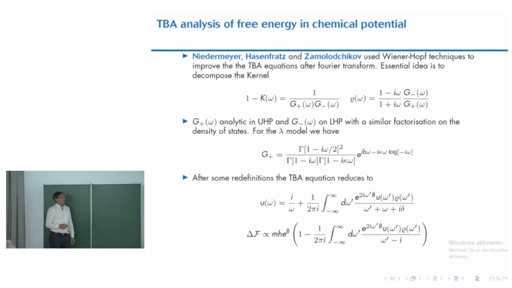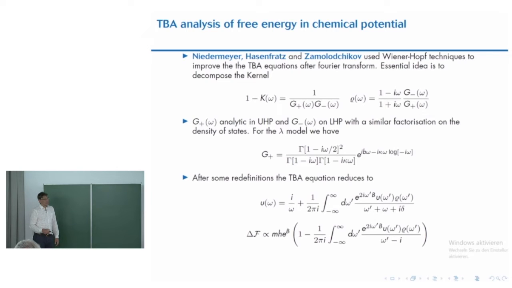If you use this factorization technique, turn the handle, it takes quite some effort. Zamolodchikov claims this, but doesn't give the proof in his paper. Then you do your homework, and after a week you figure out what he meant. You can find that the TBA equations can be rewritten. And this looks rather similar to the original TBA equation in that it's an integral equation.